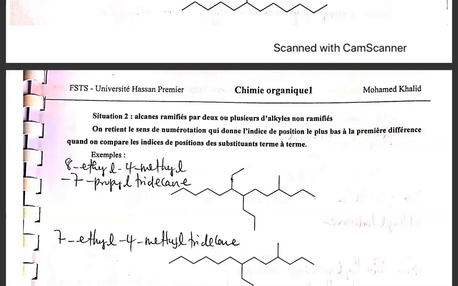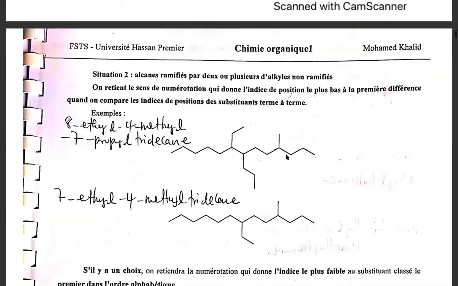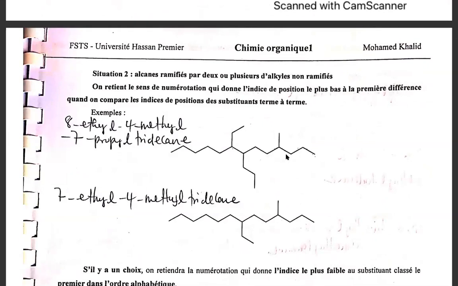The reason we are not taking the one at position number 6 is that when you compare 6 to 4, the index 4 is less than the index 6. Like I said, we are supposed to make this formula as simple as possible with the lowest index possible. So 4 is lower and 6 is higher. We are going to take the right orientation, and name it from this side. That's rule number 3.